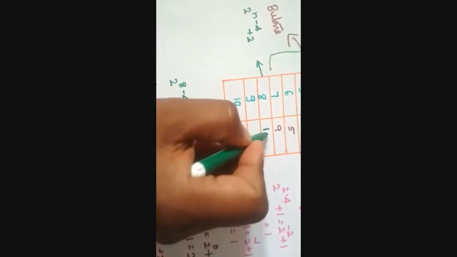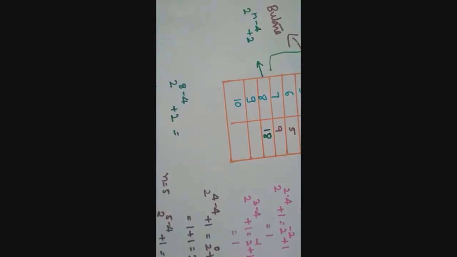It can be written as 2 into 2 into 2 into 2 plus 2. 2, 4, 8, 16. 16 plus 2 is how much? 18 isomers. Hence, 18 isomers are possible.